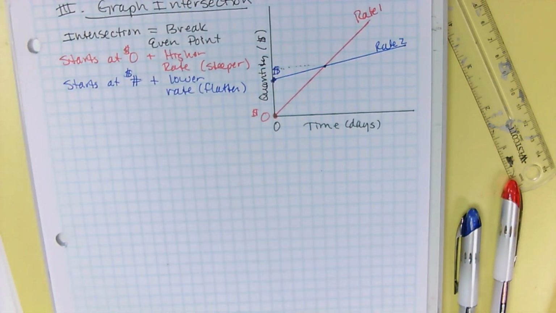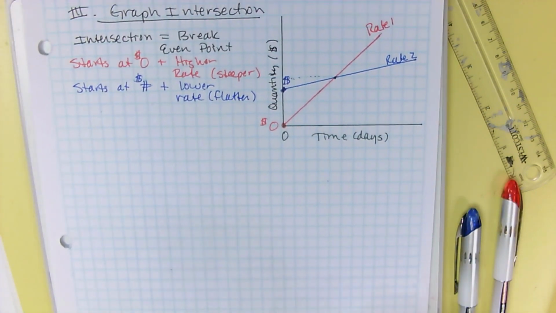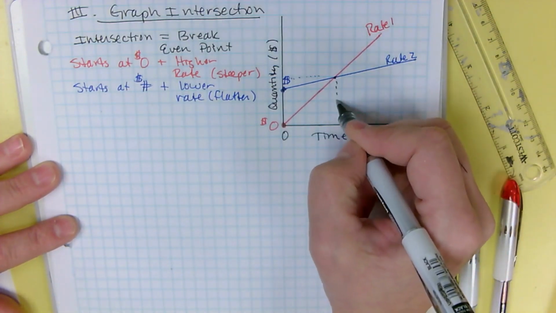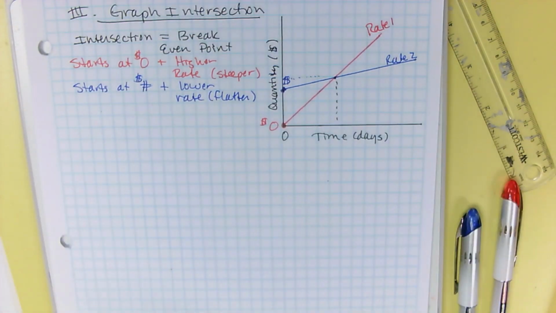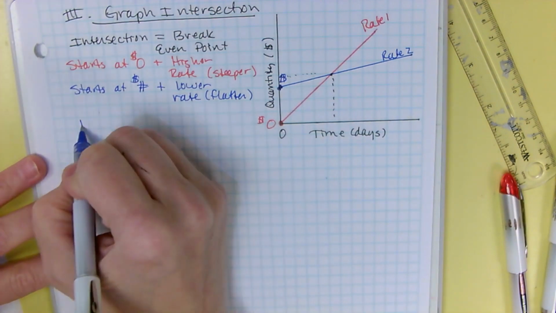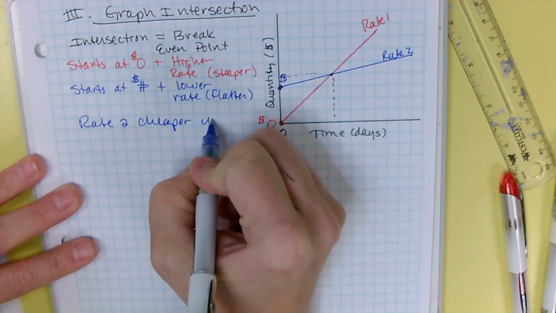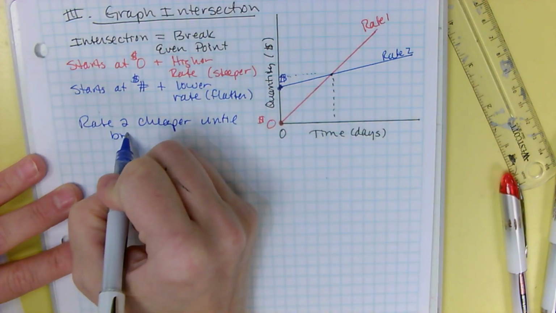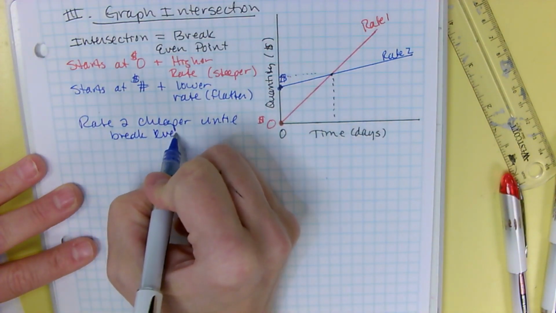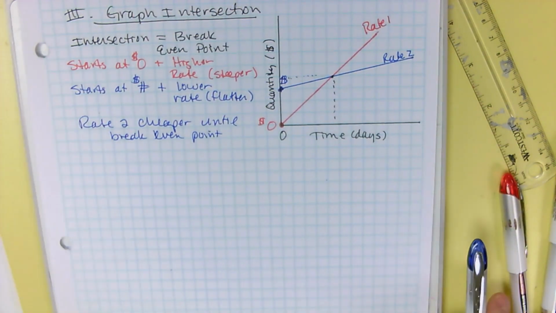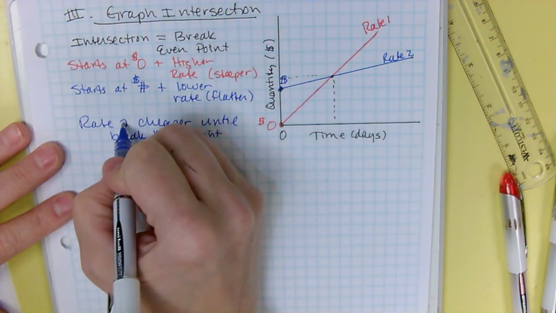So even if you have no idea what this problem is about or what the rates are, you can interpret what that graph tells you. The graph tells you that rate 2 is cheaper until the break-even point. So rate 2 is cheaper until the break-even point. I'm sorry, I messed it up. Rate 1, not rate 2. Sorry.